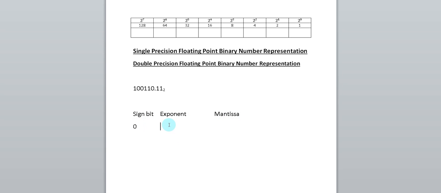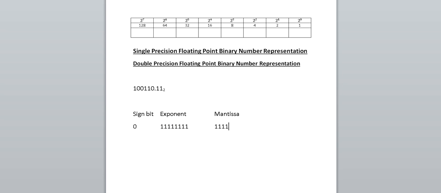The exponent has 8 bits for single precision floating point. And the mantissa consists of 23 bits. So in short, it will look like this.